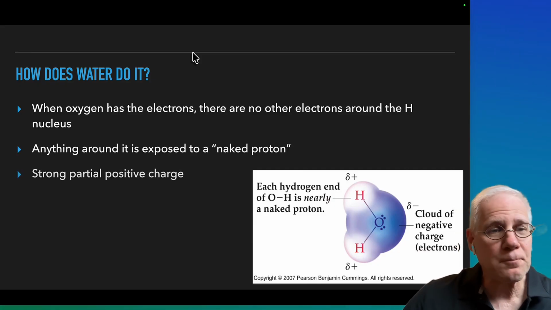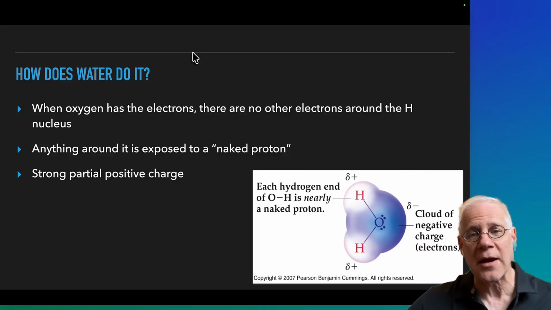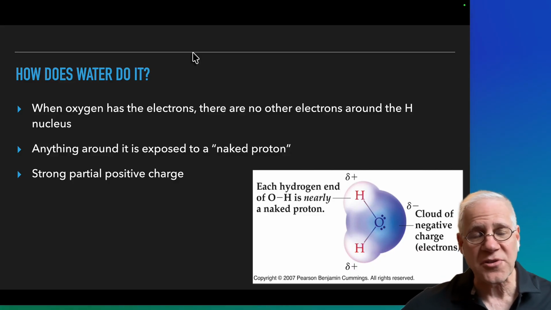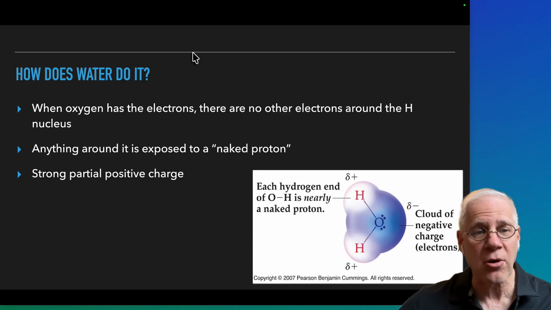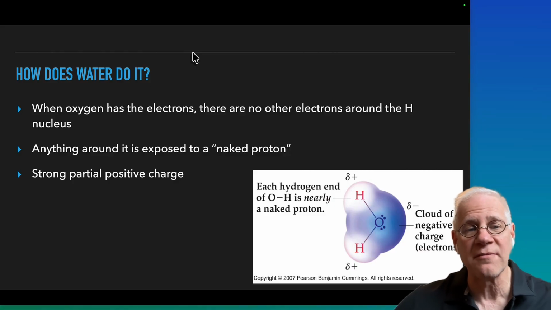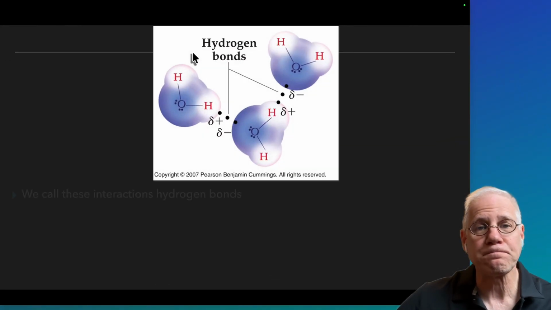And when we have that naked proton, when there are no electrons around that hydrogen, then the nucleus, which is nothing more than a proton, is completely exposed to any charges that are around it, and so it develops a very strong positive partial charge, because there's no shielding around that hydrogen nucleus.